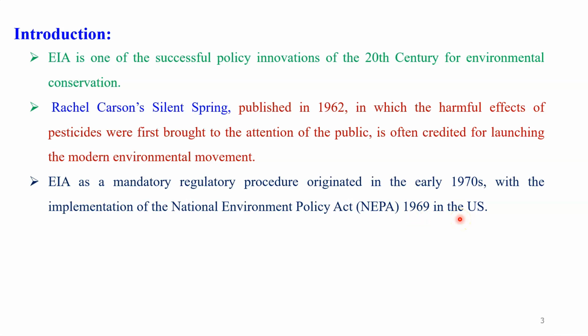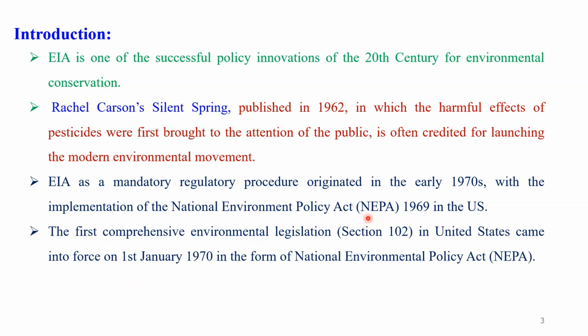Dear student, this was the early period of the environmental impact assessment that developed in America, and this policy is very important because it helped to implement the environmental impact assessment not only in the USA but in each and every part of the world.